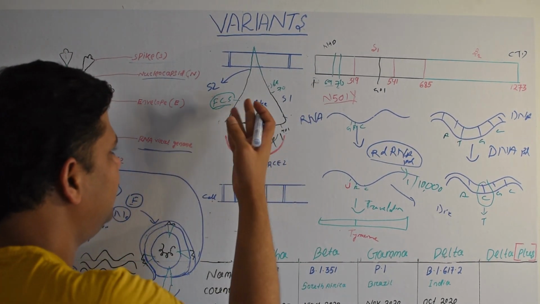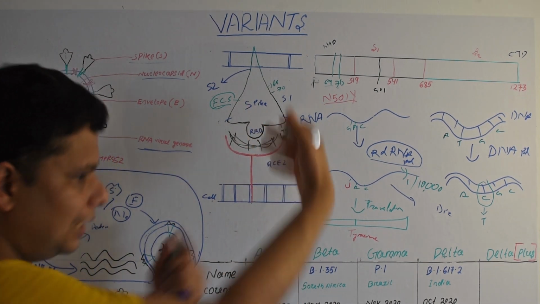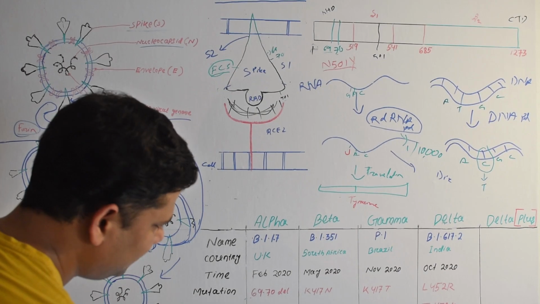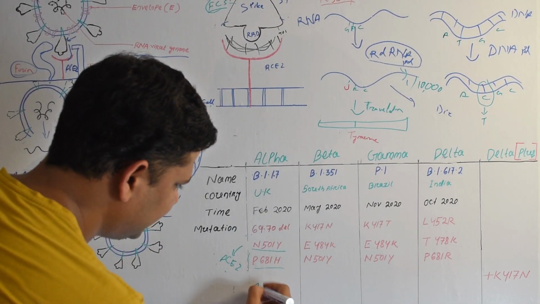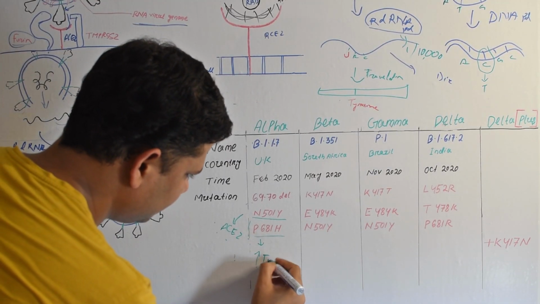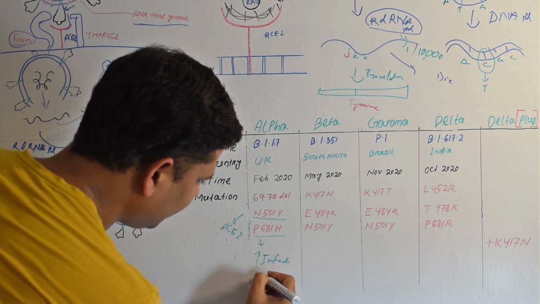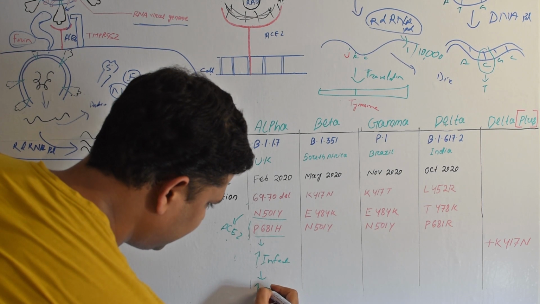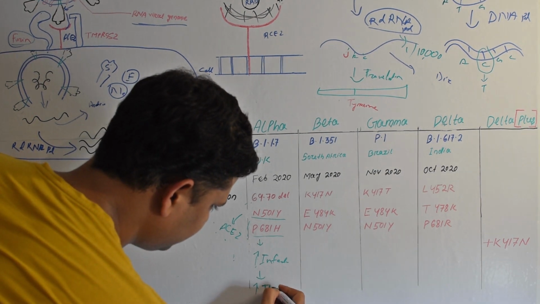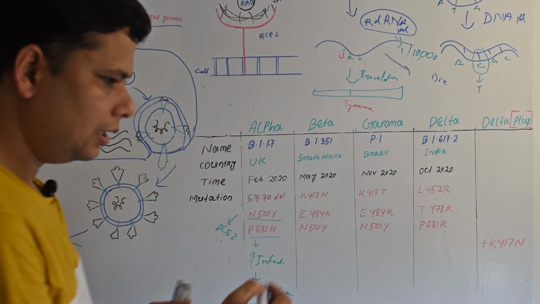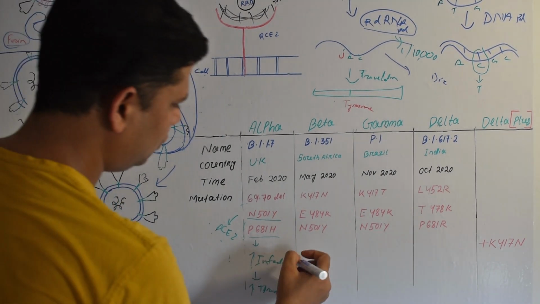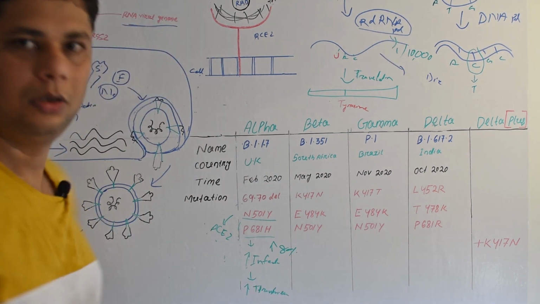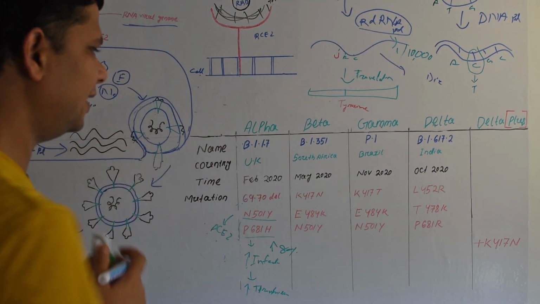That helps the coronavirus enter efficiently into the cell. So because of these mutations, there is increased infection, which increases transmission. Because of these mutations, there is around 80% more infection rate in these variants.